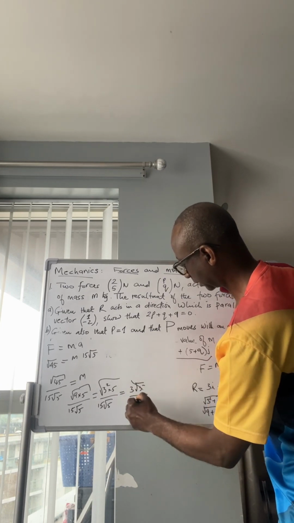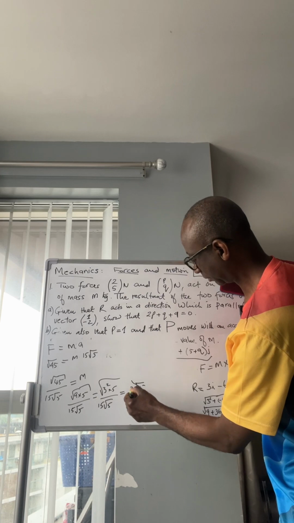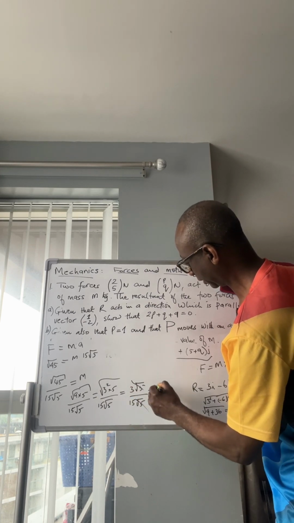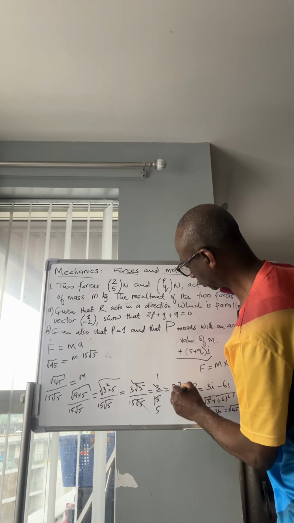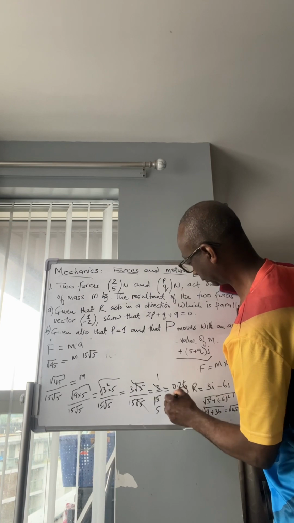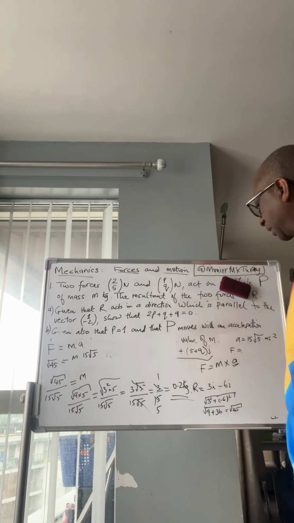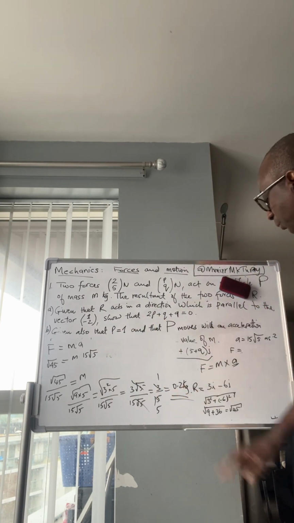The root 5 will cancel. Now 3 all over 15 is 1 all over 5. So your answer is 0.2 kilogram. That's your answer. The mass of this particle is 0.2 kilogram.